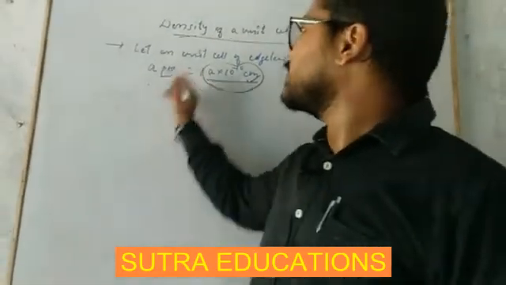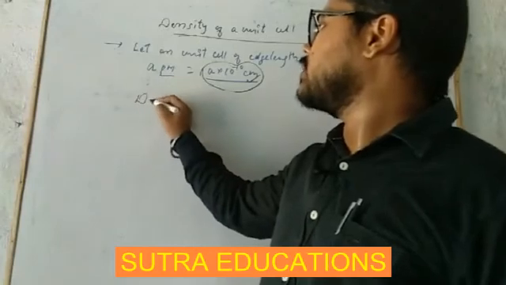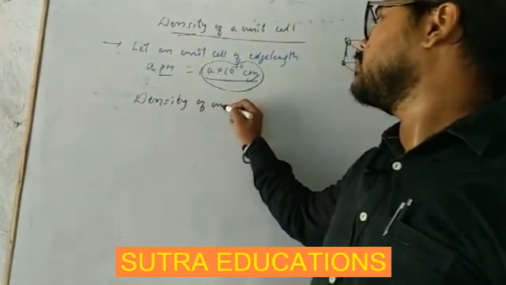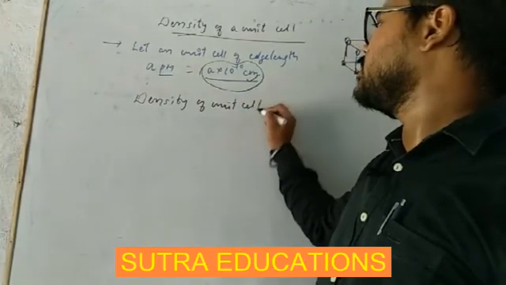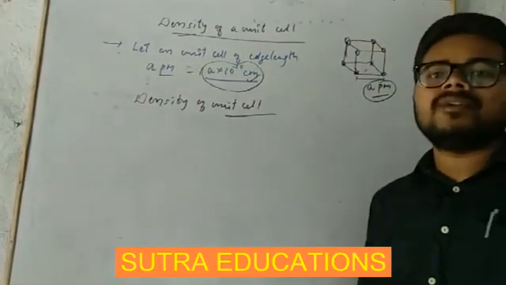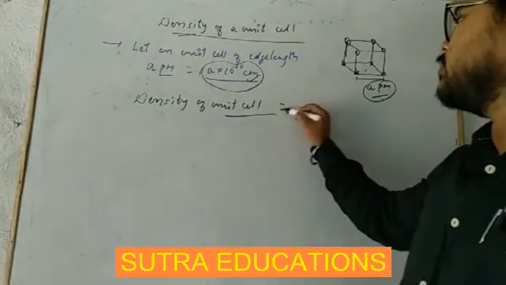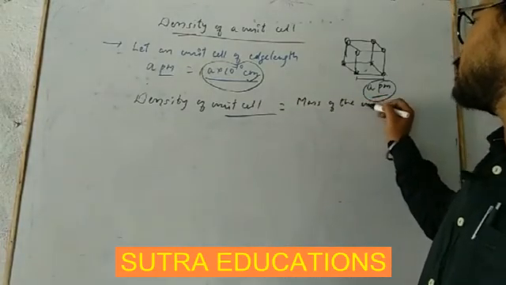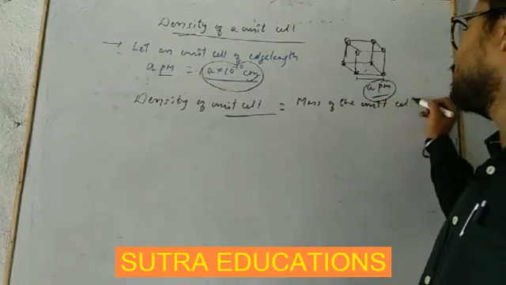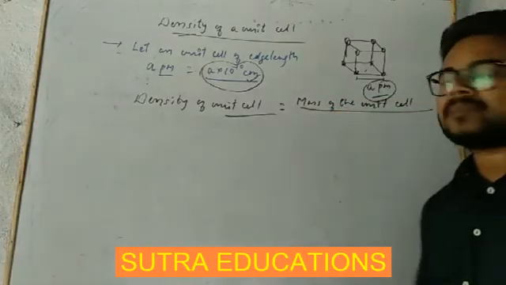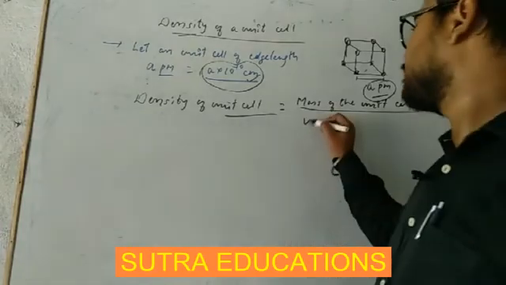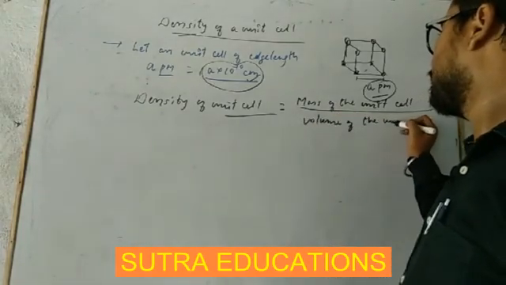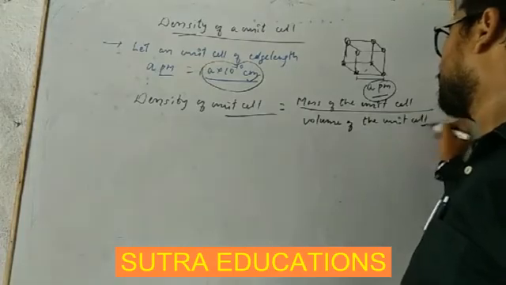Then you know density. What is density? If we are going to find density of a unit cell, density is equal to mass upon volume. So it will be mass of the unit cell divided by volume of the unit cell. Got it?